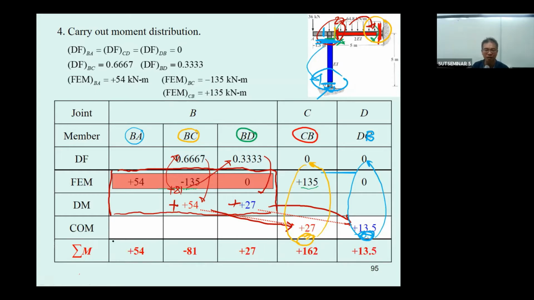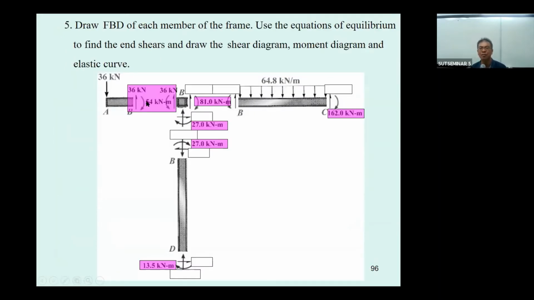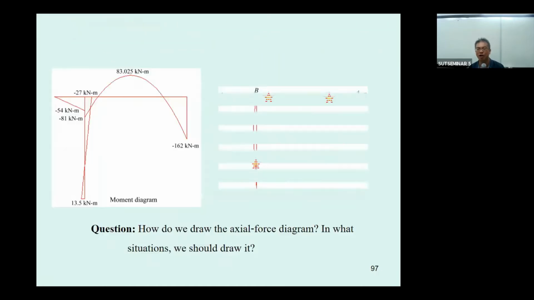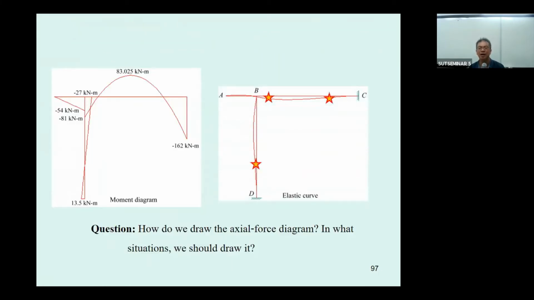And also, if you consider the moment at point B, they are in equilibrium. Then you use the end moments and draw the free body diagram of the members of the frame, and later you determine the end shear of all the members, and later you can draw the shear diagram, moment diagram and the elastic curve.